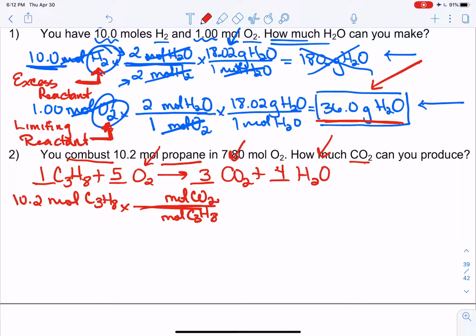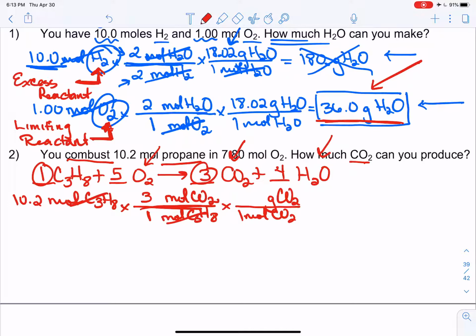Now, if we consume 1 mole of propane, we're going to produce how many moles of CO2? 3. I got that right off of the balanced equation. So moles of propane cancel out, and now I'm in moles of CO2. And now I can go to grams of CO2. So 1 mole of CO2 is going to be a certain mass of CO2.